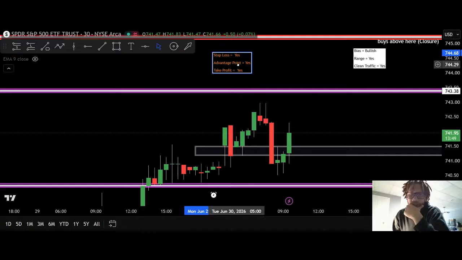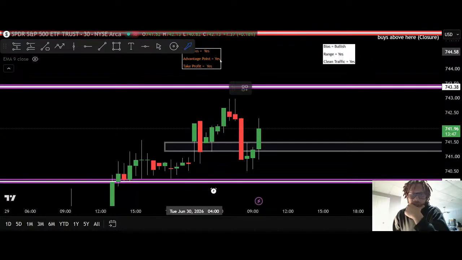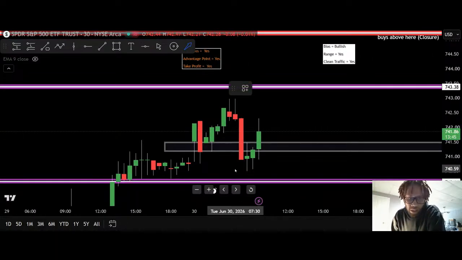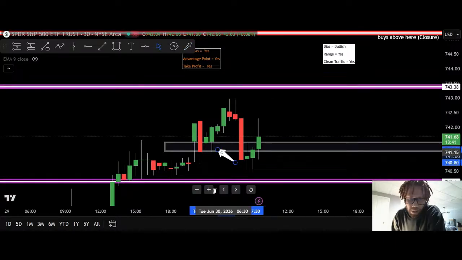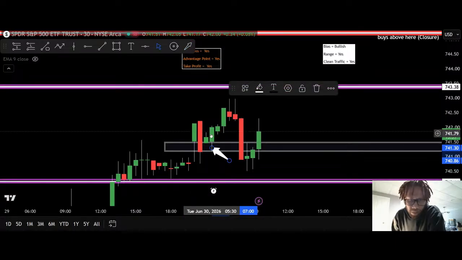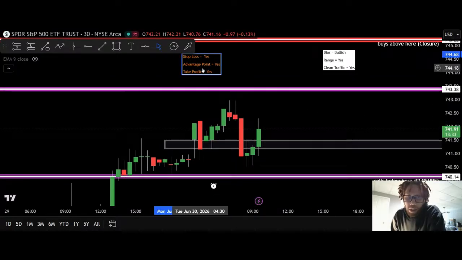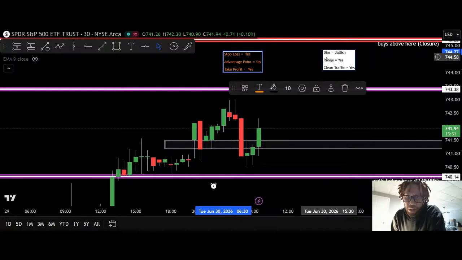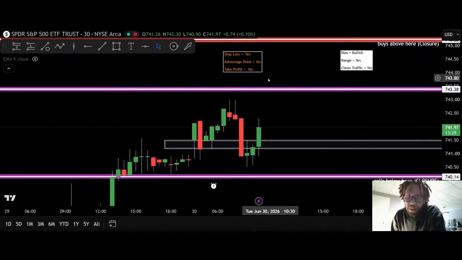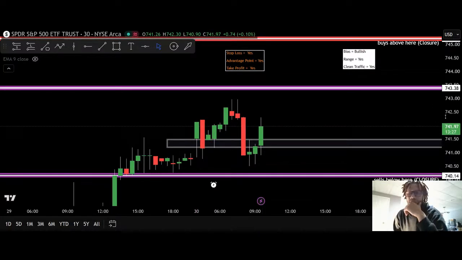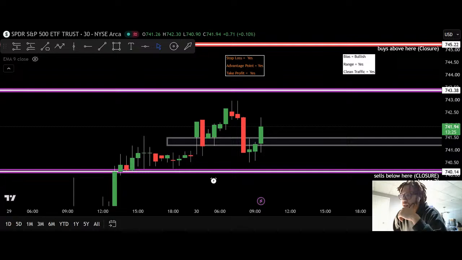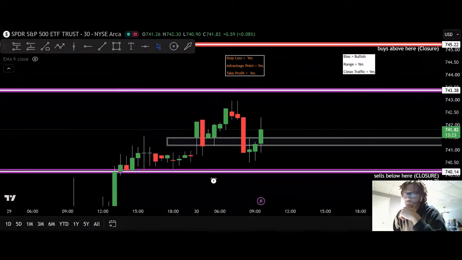If I was to catch anything in this range, like I was saying before, I'm gonna just need a retest like it did right here in the pre-market around 5:30, 6 o'clock. But yeah, those are my only options I have here today on SPY. Other than that, I am chilling.